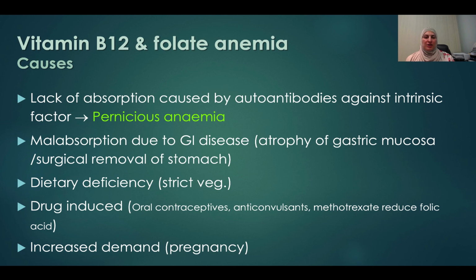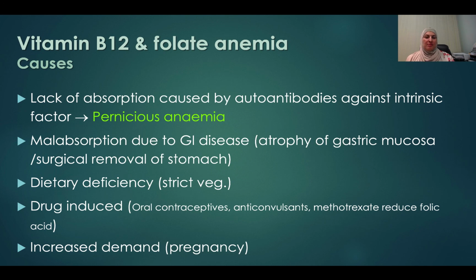One of the conditions related to that is pernicious anemia, which is an autoimmune disease where there are autoantibodies that destroy the intrinsic factor. And for those patients, any oral intake of these supplements would not be adequate to manage this condition. Usually they need a parenteral administration of the vitamins.